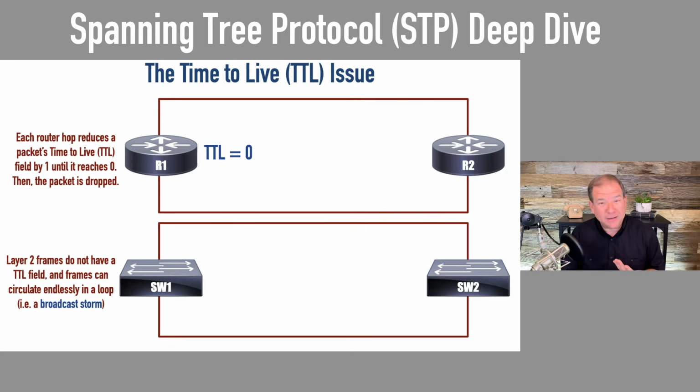But down at layer 2, that's where we have an issue. There is no time to live value in the header of a frame. So if we get a broadcast frame going, for example, it's just going to circulate endlessly. It creates what's called a broadcast storm. In addition, it can cause MAC address table corruption.